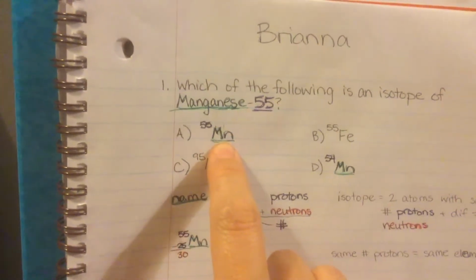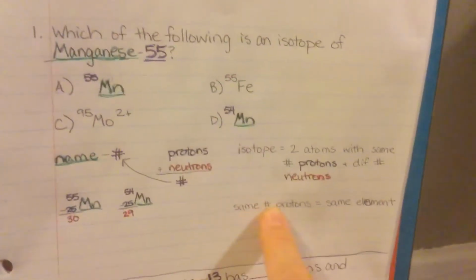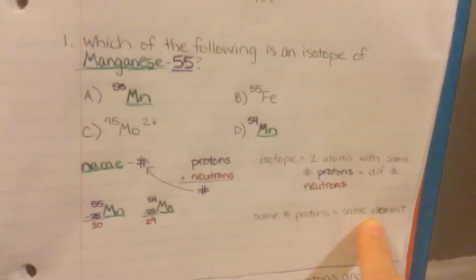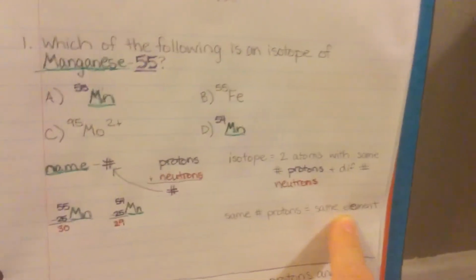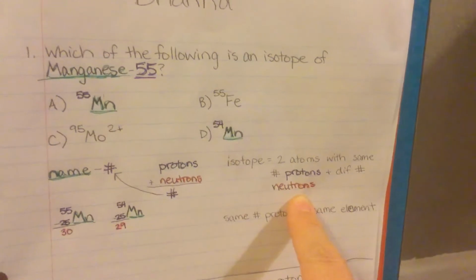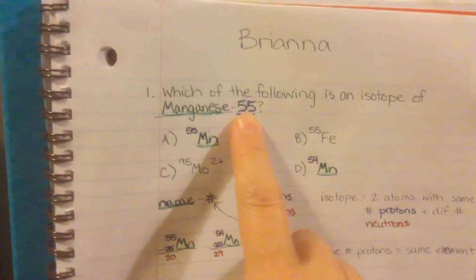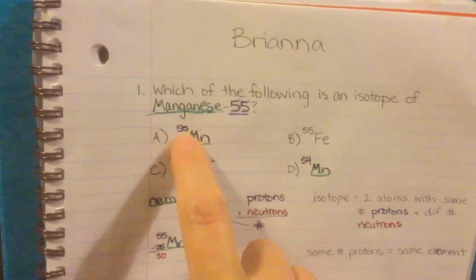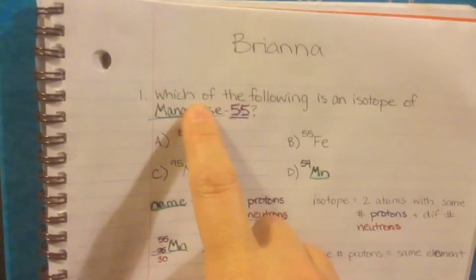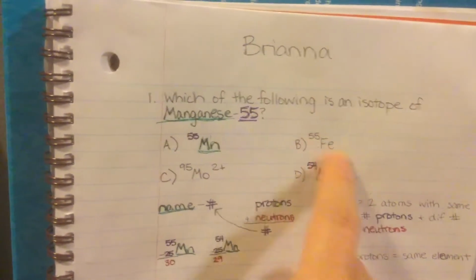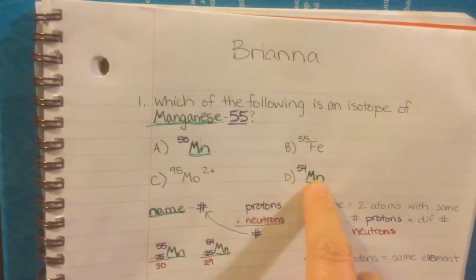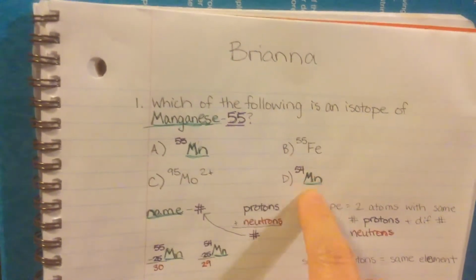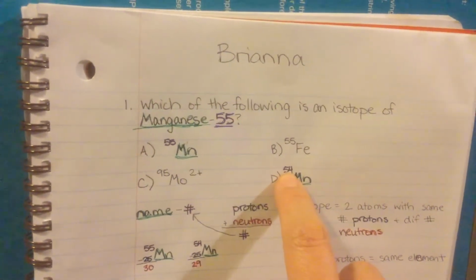It's either going to be this manganese or this manganese, because they have to have the same number of protons. In other words, they have to be the same element. So now we just have to look for the different number of neutrons. Well, this 55 and this 55 tell me that this is the same as this. So the easy answer is that we're choosing the option that has manganese but has a different number going with it.